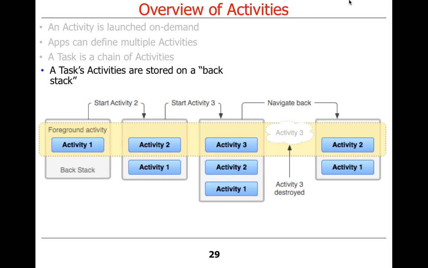It's the one that's visible at any given point on your display. And as you're moving through your activity task chain, new activities will be pushed on the top of the stack, thereby occluding the ones that are being hidden because you have a new activity. So you can push and pop things on the stack, and activities can be destroyed, and you can rearrange them, and so on and so forth.